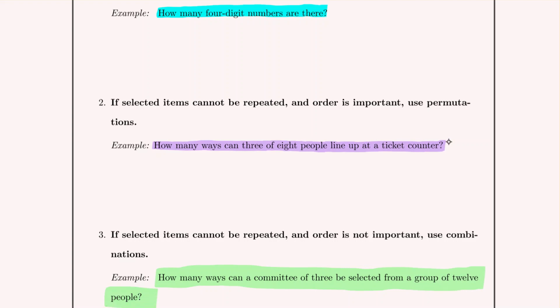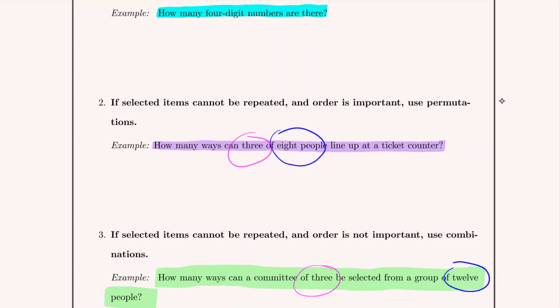Now, one thing I hope we notice in both of the last 2 examples is, notice we started with more people, 8 people in this group, 12 people in this group, and we wanted to get to a smaller collection, in the first example to 3, in the second example also 3.